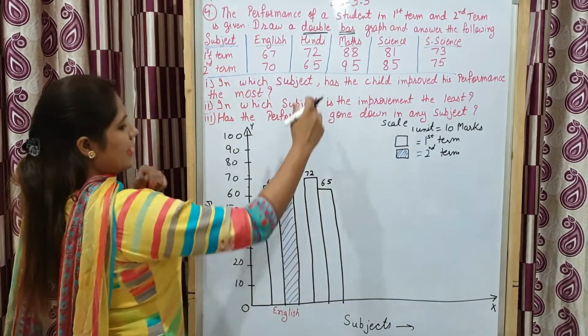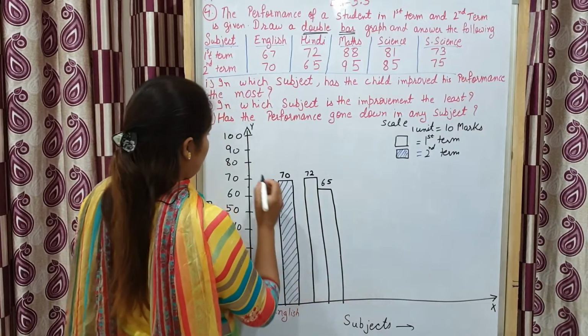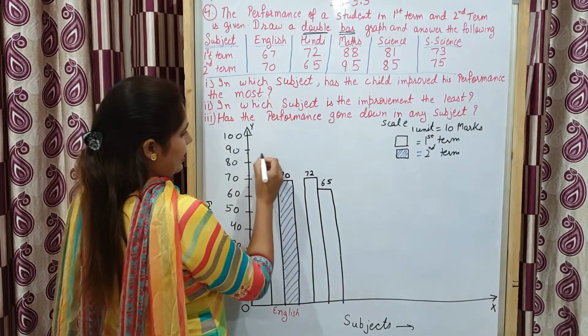Then math subject 88 after leaving a box. 88, the 8th line.